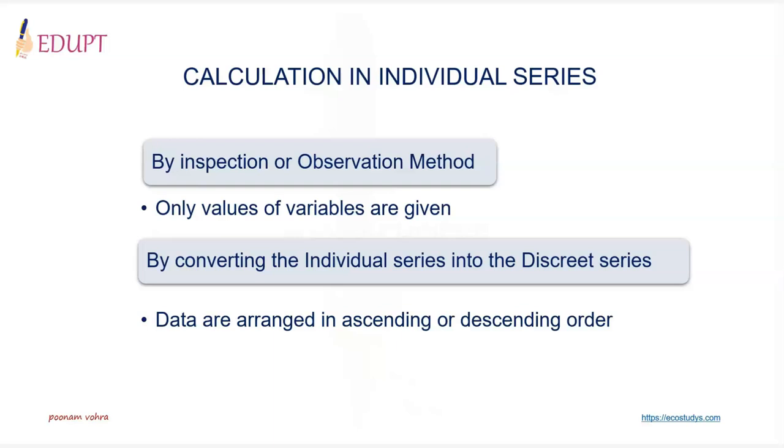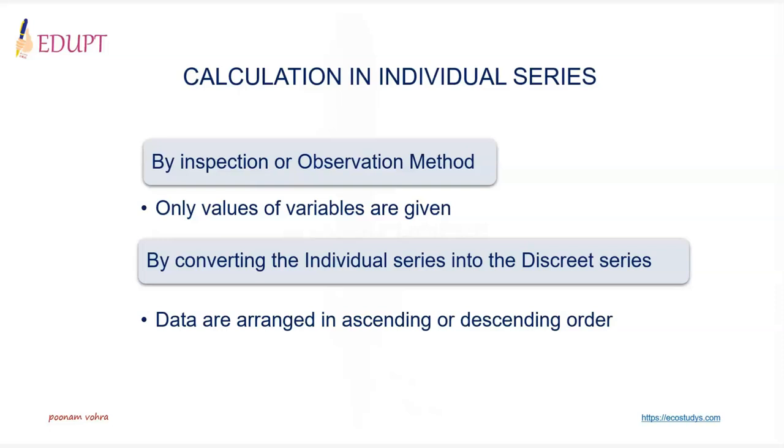As is the case with other measures of central tendency, mode is also calculated in individual, discrete and continuous series. Right now we shall begin with the calculation of mode in individual series. As is known, there is no frequency in individual series.